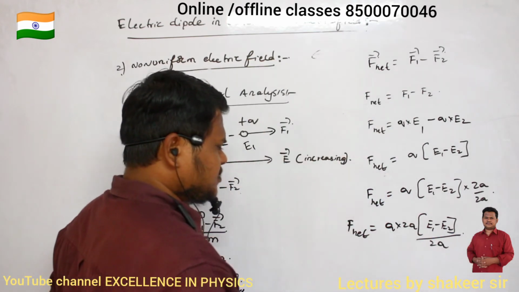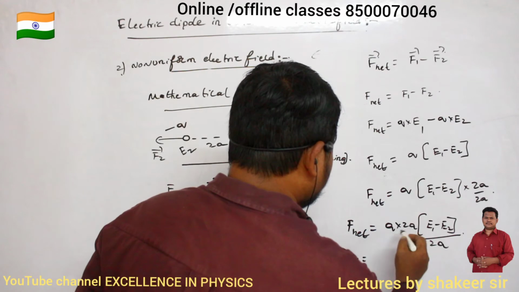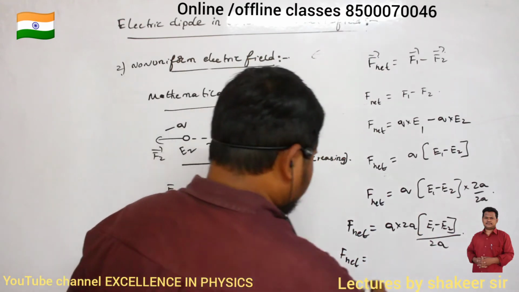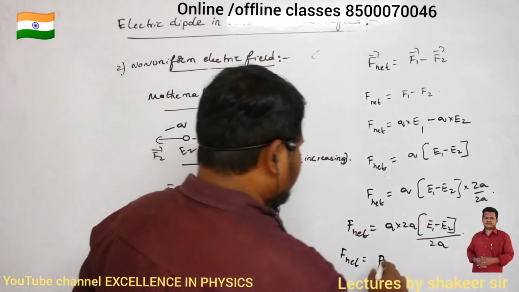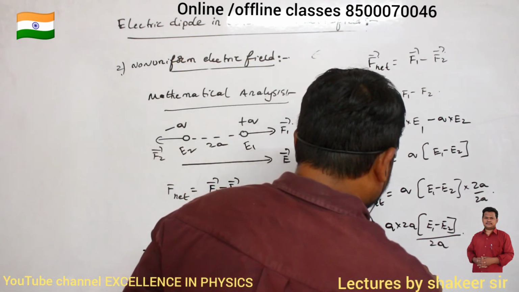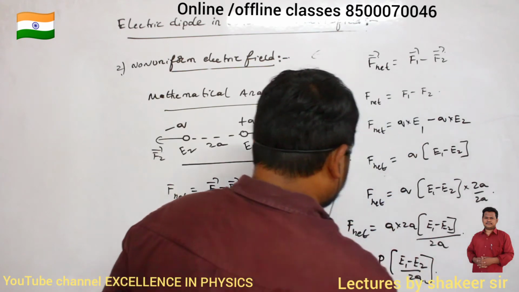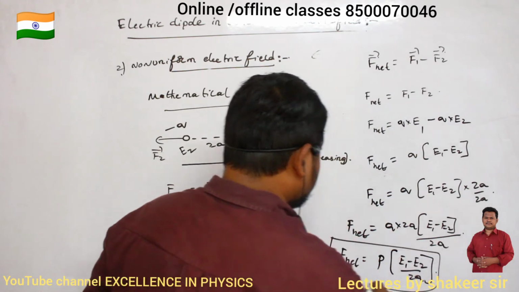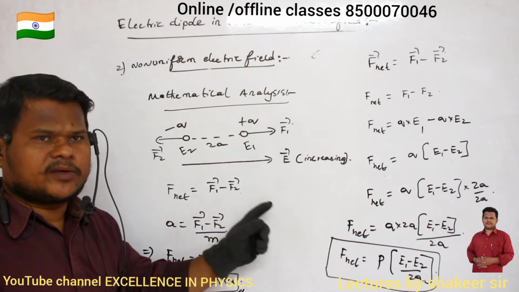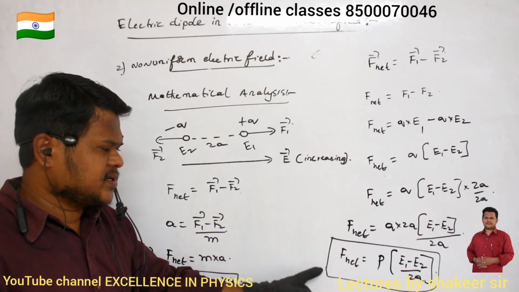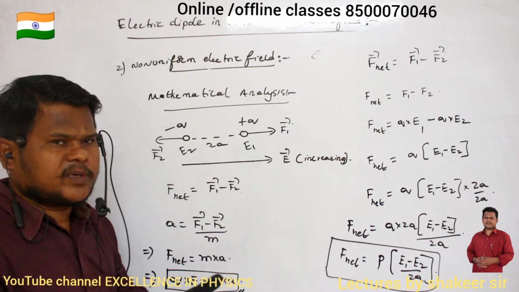Q into 2a is called the dipole moment, P. So P into (E1 minus E2) divided by 2a. This is another method of finding the net force acting on the dipole. So F net is equal to P into (E2 minus E1) divided by 2a.